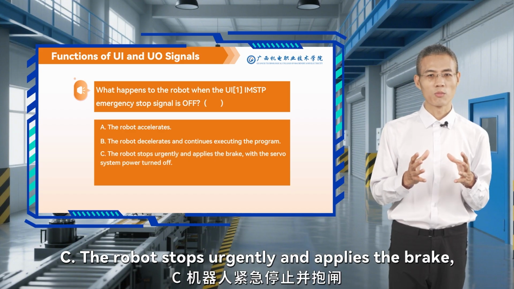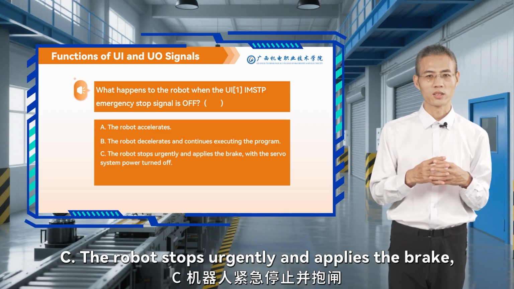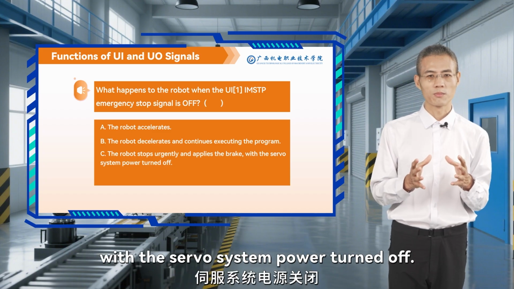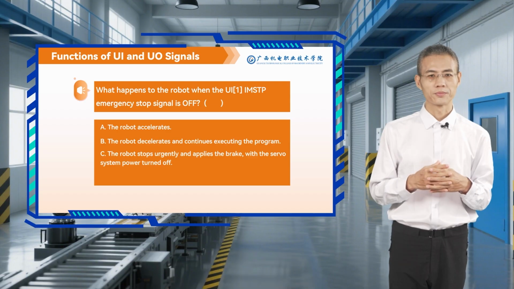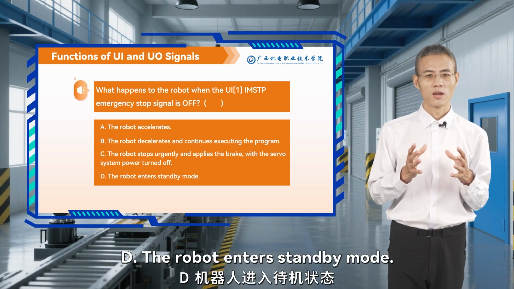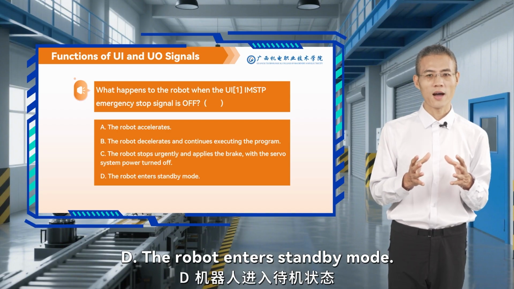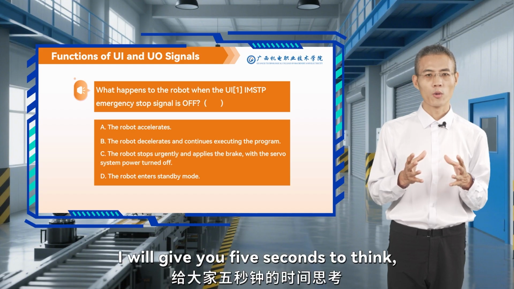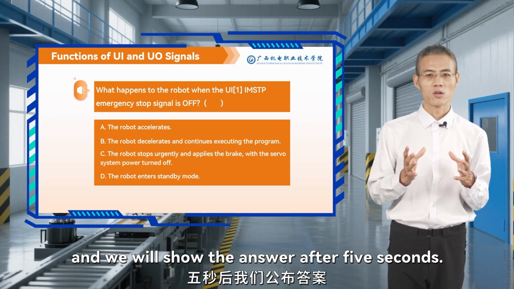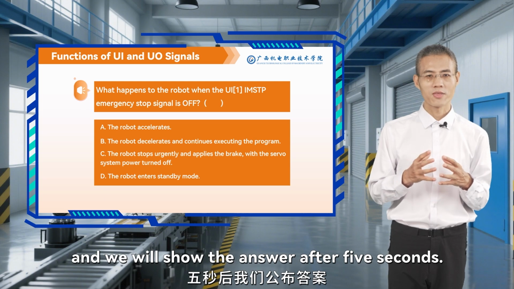C. The robot stops urgently and applies the brake with the servo system power turned off. D. The robot enters standby mode. I will give you 5 seconds to think and will show the answer after 5 seconds.